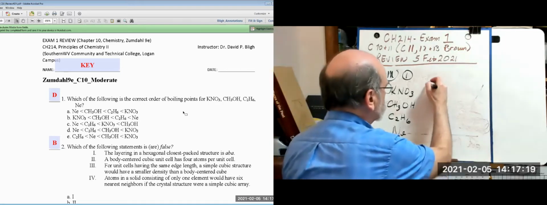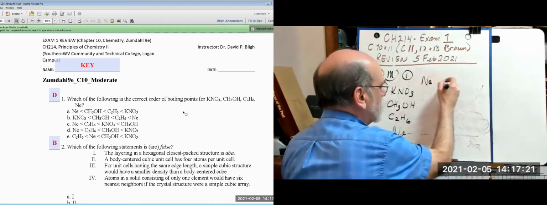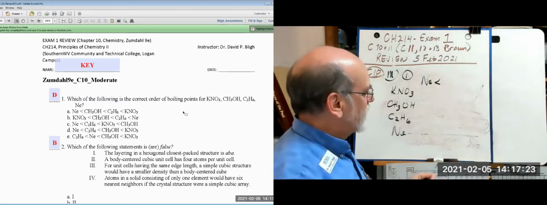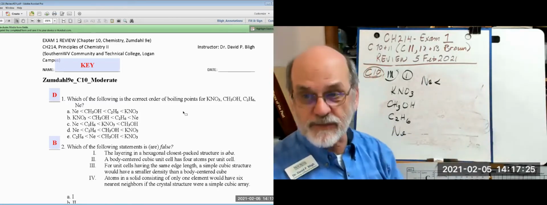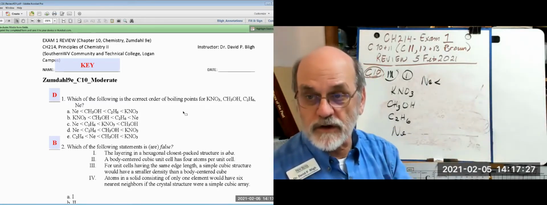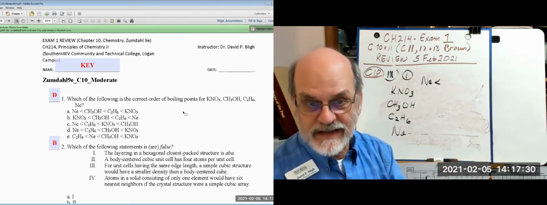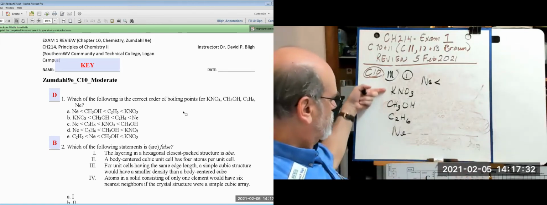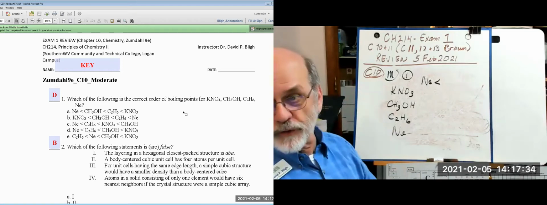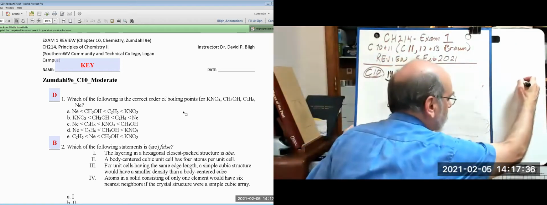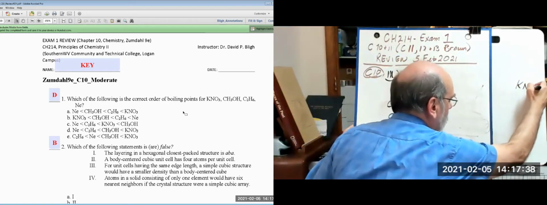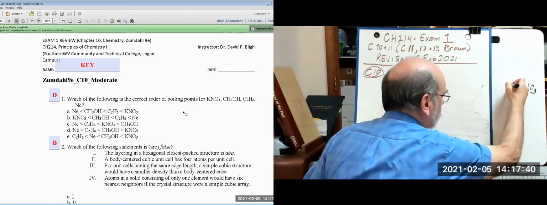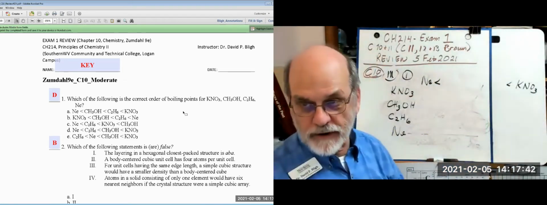So neon first, right? And then at the other end, we want the highest boiling point. And that's going to be the ionic compound, if there is any. There it is right there. KNO3. That would be over here. That's the highest boiling point.